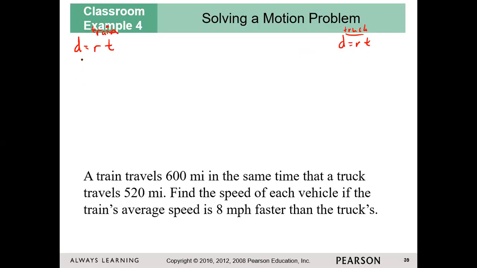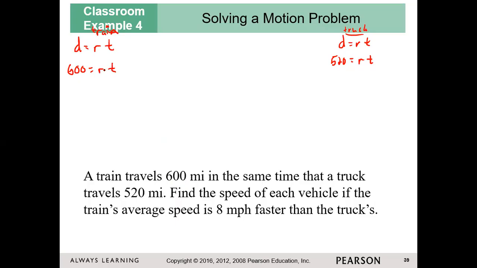There we go. So our distance for the train is going to be 600 is equal to R times T, and this one is going to be 520 is equal to R times T. And one of the nice things is that the times are exactly the same, right? It says in the same amount of time, okay?